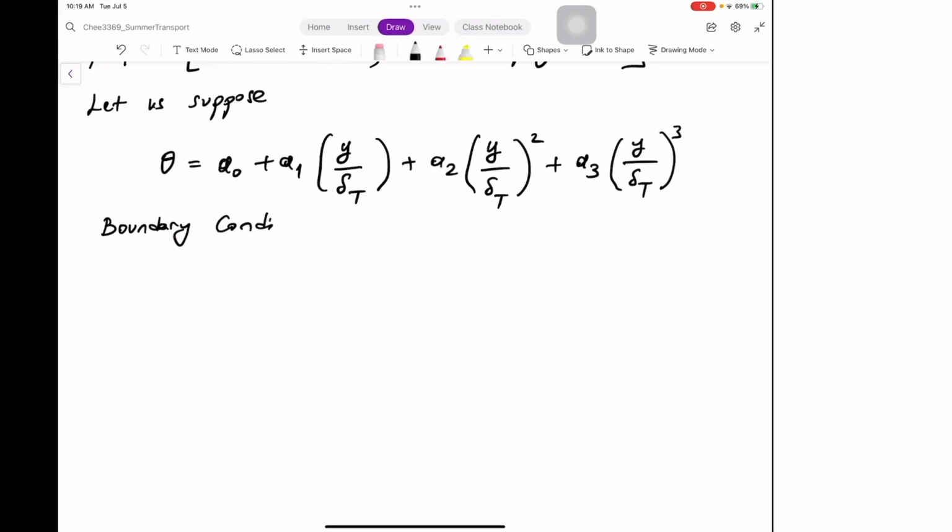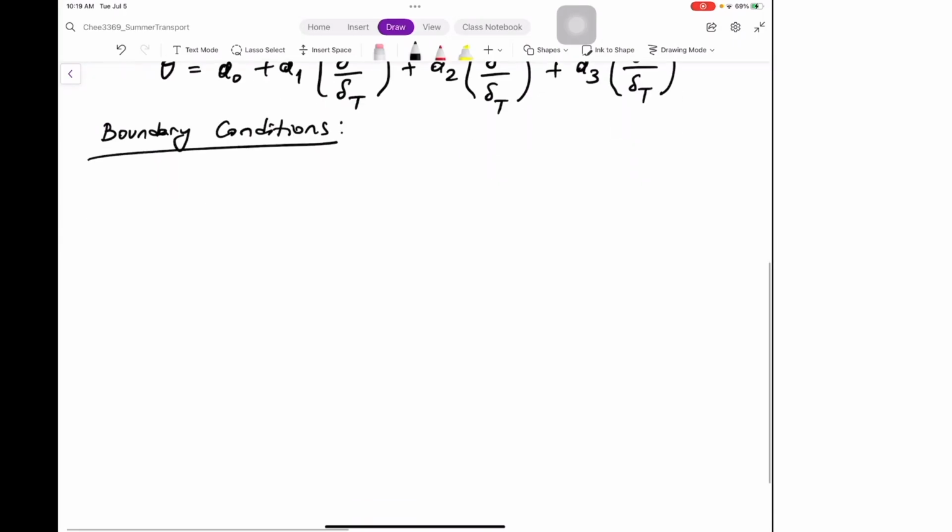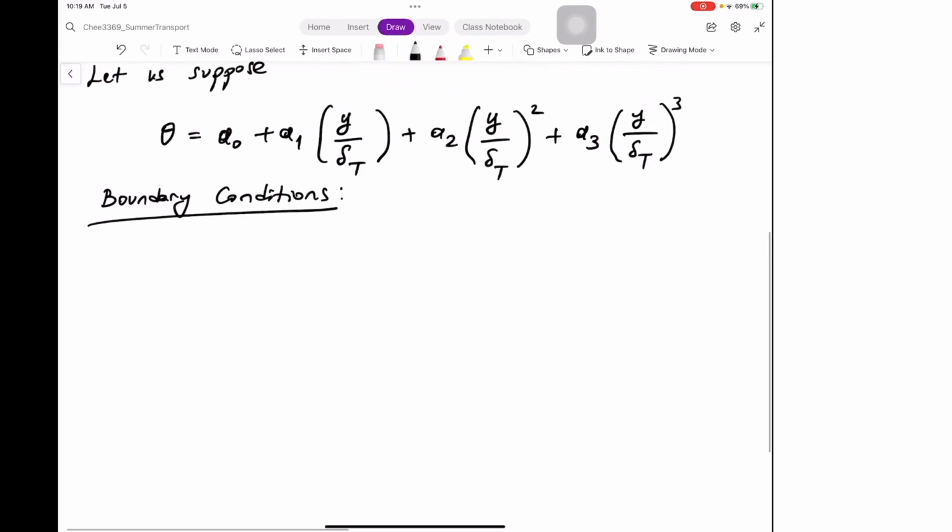Boundary conditions. These are going to be similar to what we have done in the momentum equation. The first one is at y is equal to 0, at the fluid-solid interface, the dimensionless temperature theta is equal to 0. Because if you remember, it's T minus T wall divided by T infinity minus T wall. So your numerator is T wall minus T wall, which is 0.